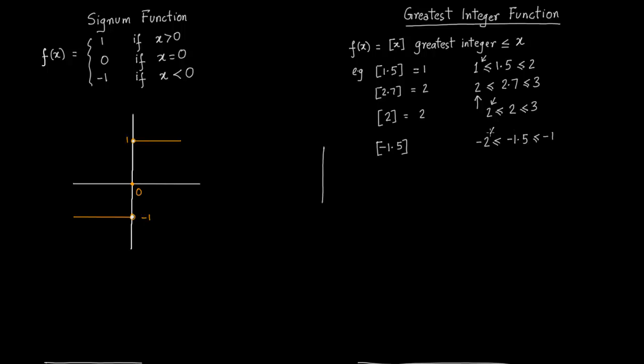Again you pick the lower point. Minus 0.5 lies between minus 1 and 0. Again you pick the lower point.